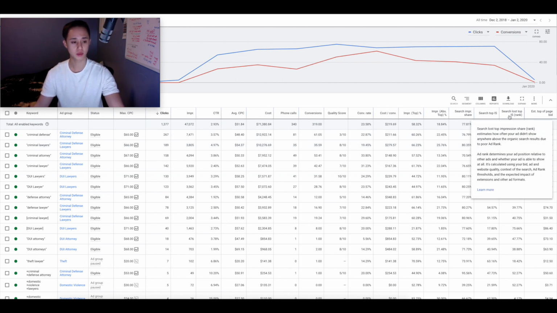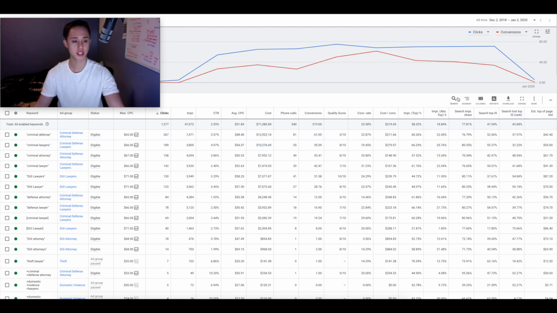And then the last thing we have here is search lost top impression share rank. If we add this and this percentage up, it's going to equal about 100%. So this metric is going to tell us how many times our ad wasn't shown because we had a low quality score, or our bidding strategy, we didn't bid enough to be at the top.